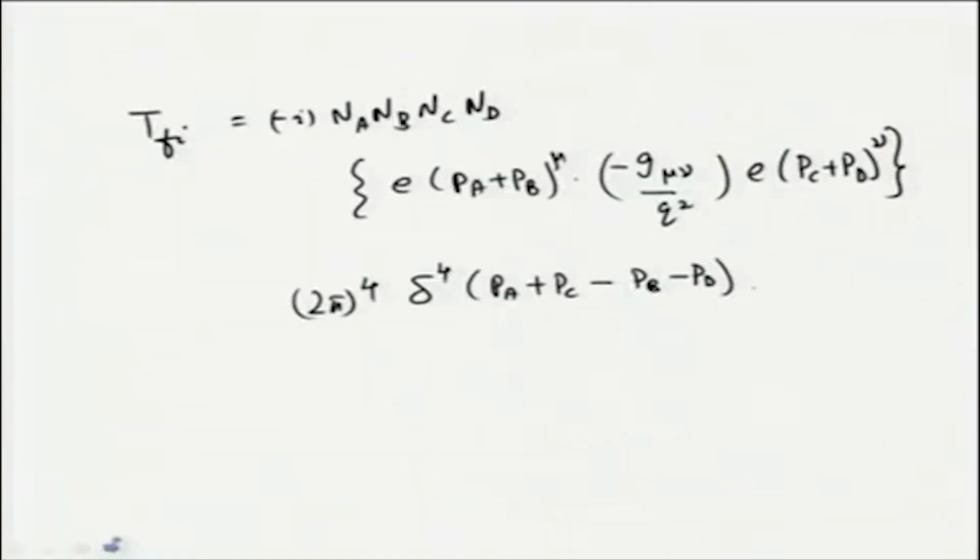Actually, we will see that we can relate this transition amplitude to the cross section, and the cross section can be directly related to the probability of finding a particle scattered into a particular region. It will be independent of all these normalizations, and we will see how that comes out in the next class.